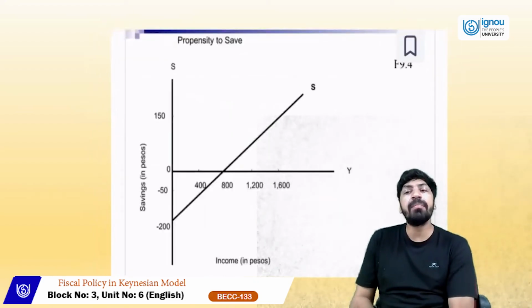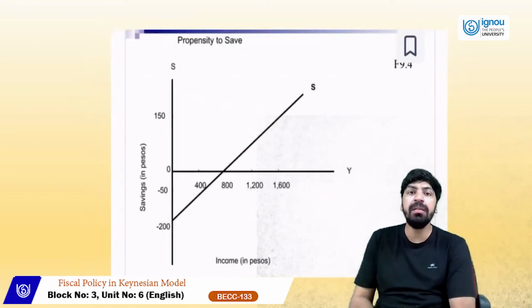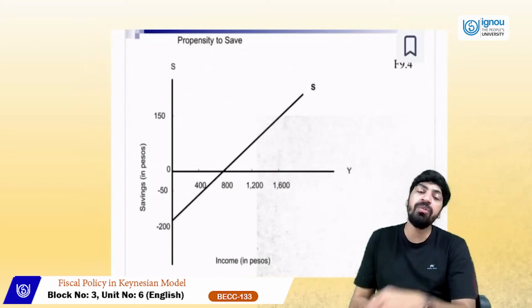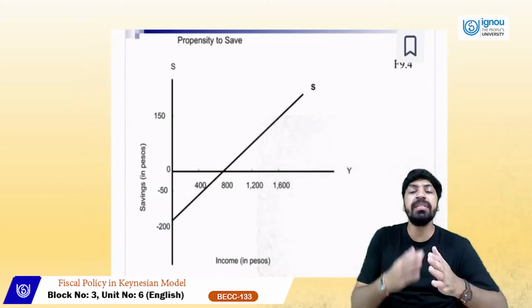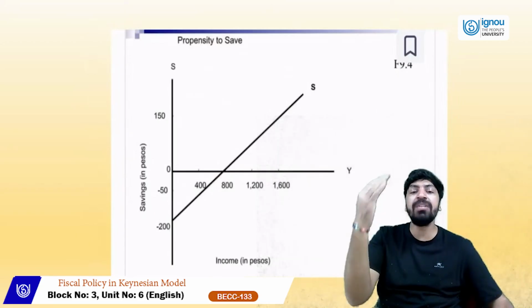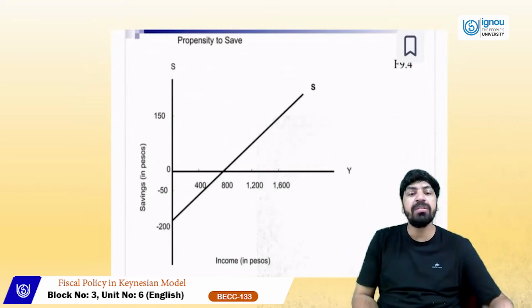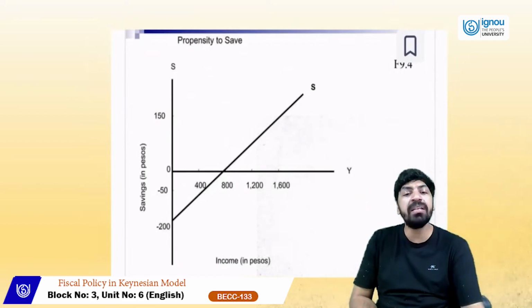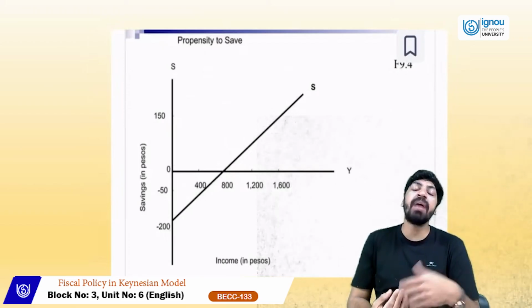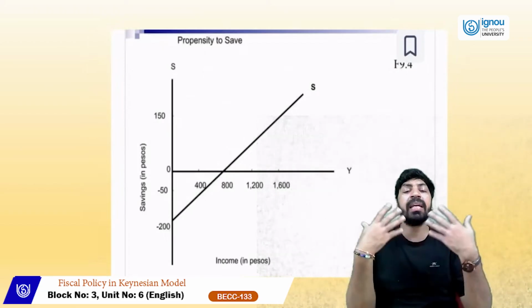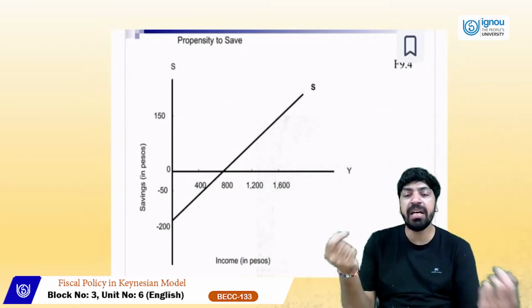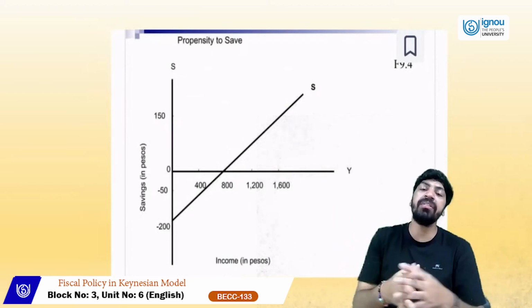So this is a diagrammatic presentation of the propensity to save. If you look at savings, your savings equation always begins from negative and goes to positive. So the negative begins from minus 200, then minus 50, then positive 800, and so on. It increases.